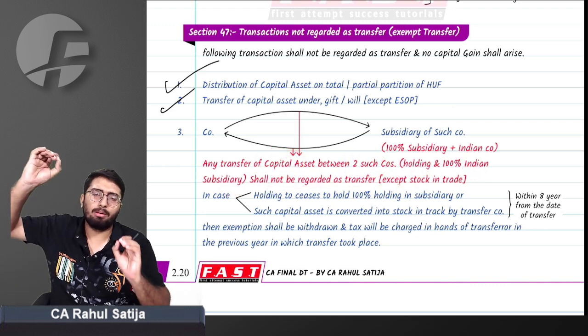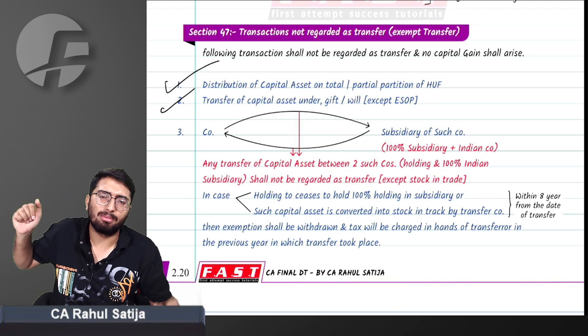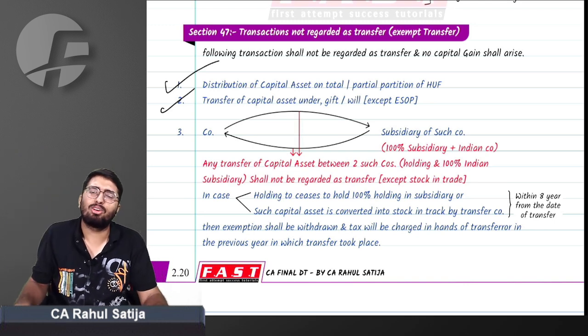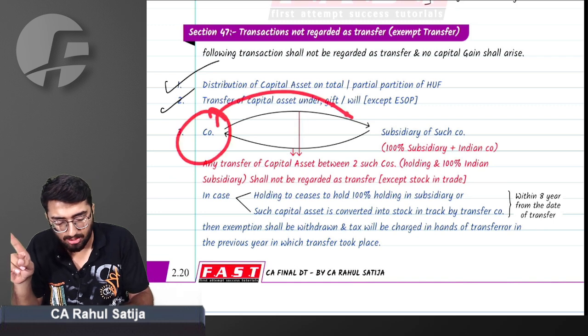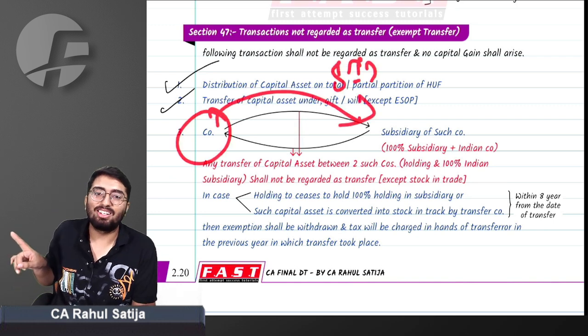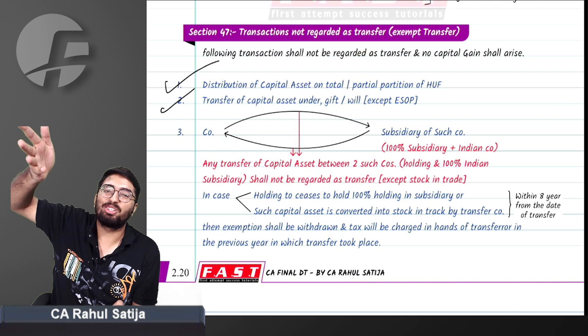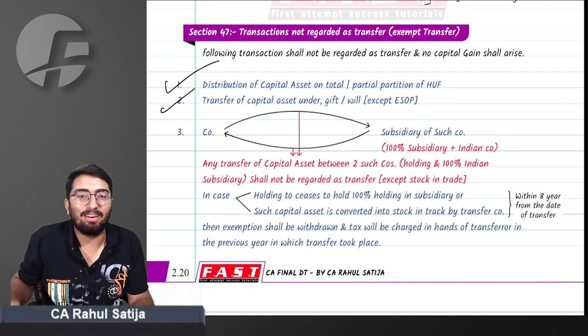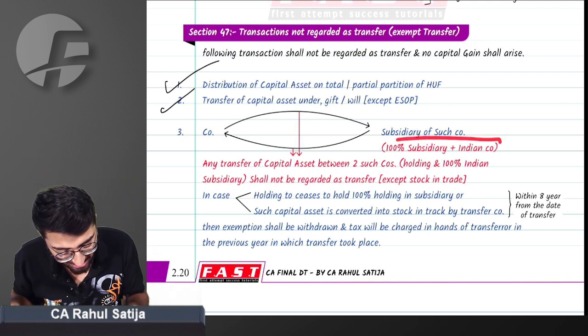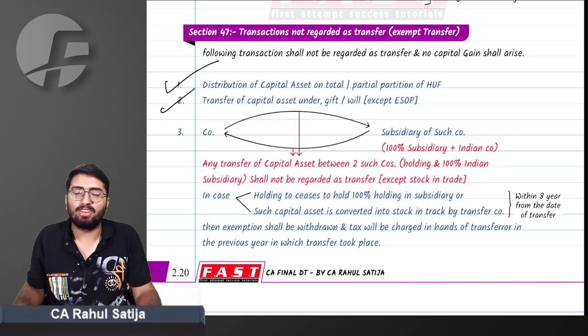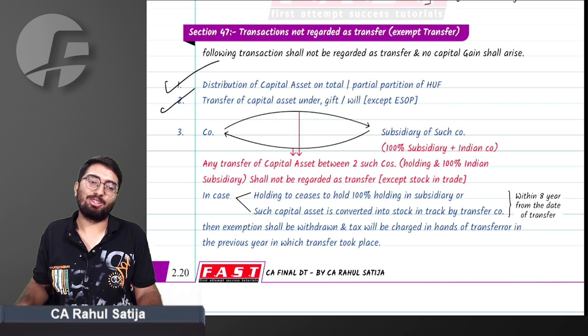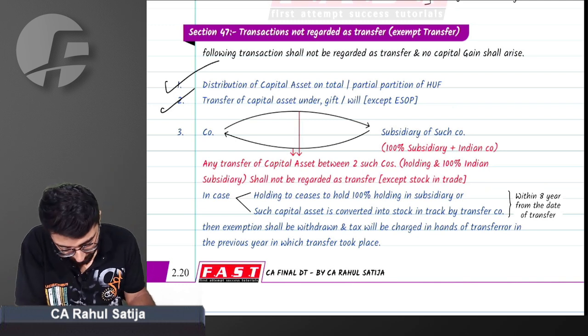For example, if a holding company transfers plant and machinery, a building, any asset, it will not be treated as transfer. But what if this company transfers stock in trade? Stock in trade is not a capital asset, so the provision will not apply. In that case it will be treated as transfer and the PGP provisions will apply.